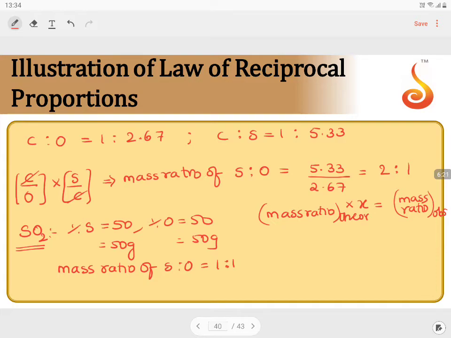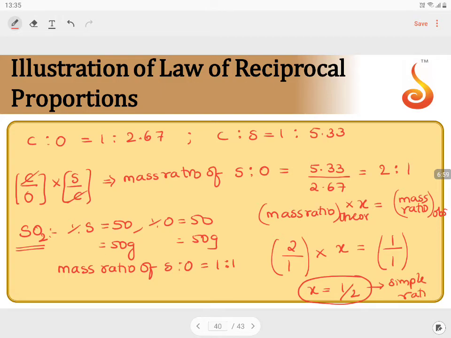So if you take the 2:1 ratio multiplied by some simple x, it is equal to the 1:1 ratio. What can x be? x can be equal to 1/2. So this is a simple ratio, and they are connected to each other with a simple ratio.